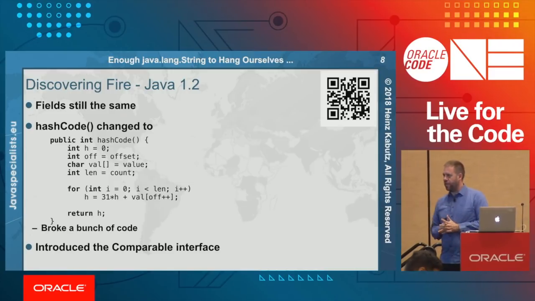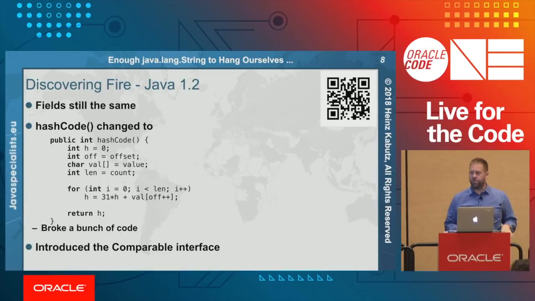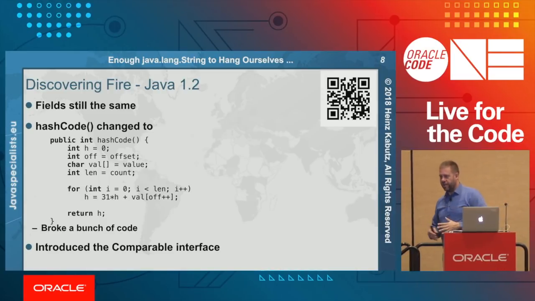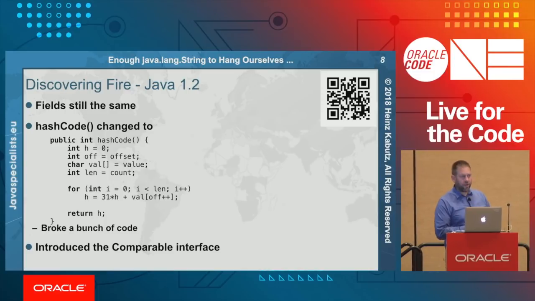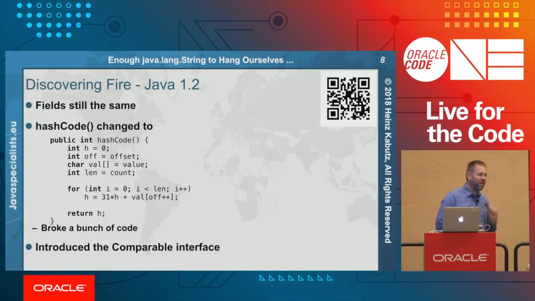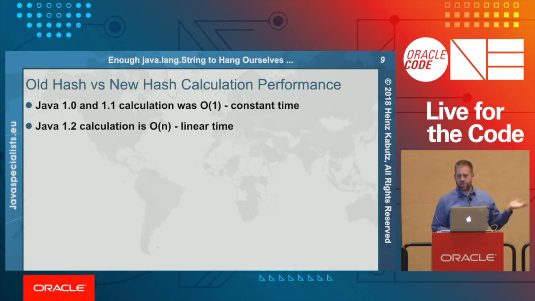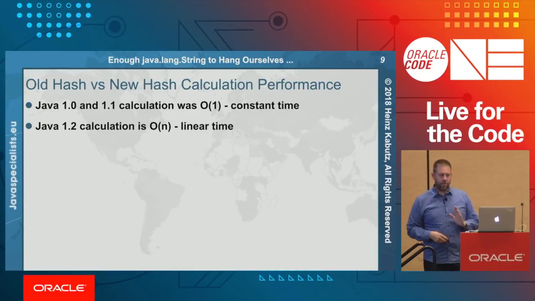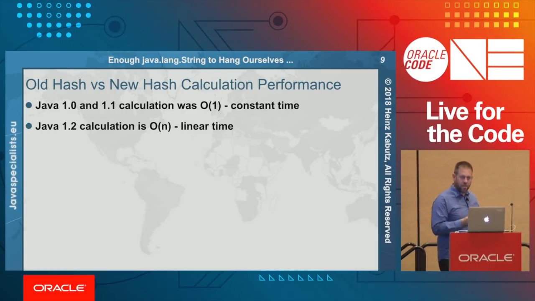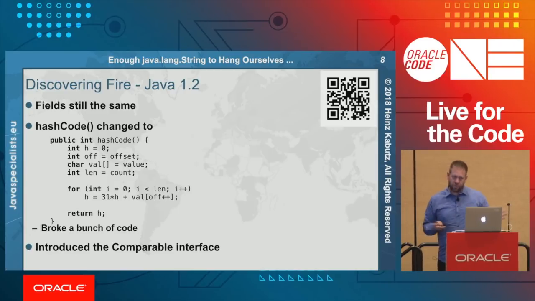So the hash code that we had in 1.2 is still the same hash code you have in Java 11 and probably 12, 13, 14 ad infinitum, right? And now, instead of looking at only 8 characters, they look at every character. So it's gone from a constant time, order 1, to a linear time calculation. Something else is they've got the Comparable interface now. So in Java 1.2, you can sort things.